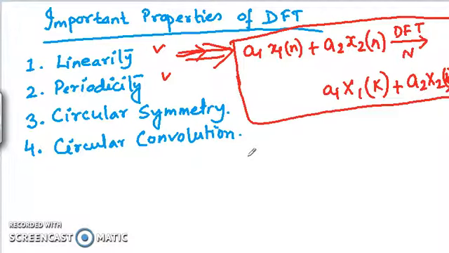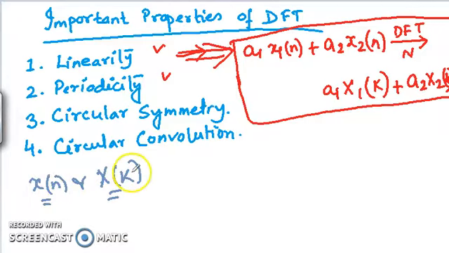Suppose x[n] and X[k], this is the time signal which is periodic, and this is the DFT of this signal which is also periodic. Suppose x[n] and X[k] are an N-point DFT pair, because x[n] will be converted to X[k], and using IDFT it goes vice versa.